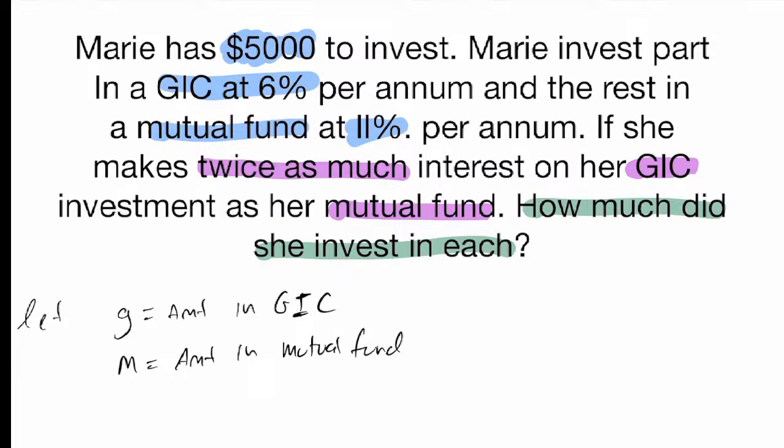Is this okay so far? Okay, so do you guys agree equation 1 is G plus M is 5,000? And since you had asked it, were you able to answer the second equation?